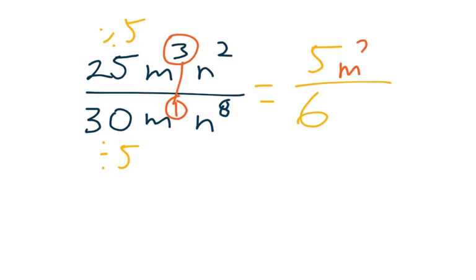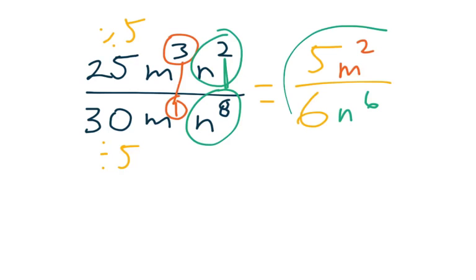The 3 wins. That's why it's m^2 there. What about the n^2 over n^8? Well, obviously the n^8 is going to win. And if I do 8 minus 2, I get n^6 in the denominator. That's it, guys. That's all there is to it. Okay, let's keep going on.